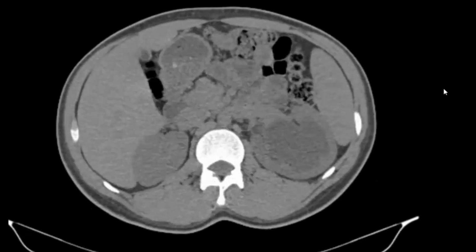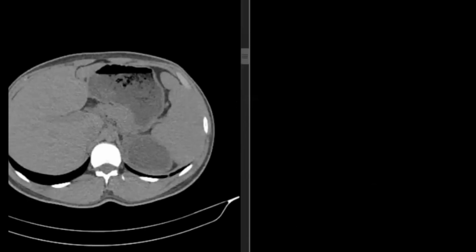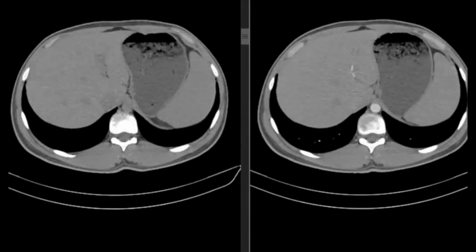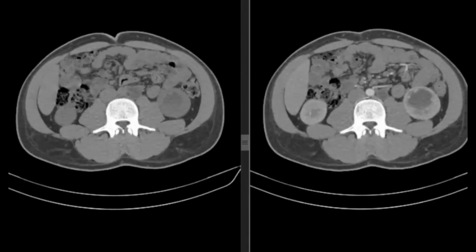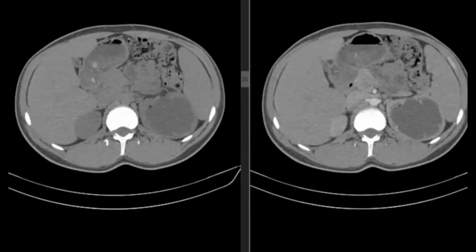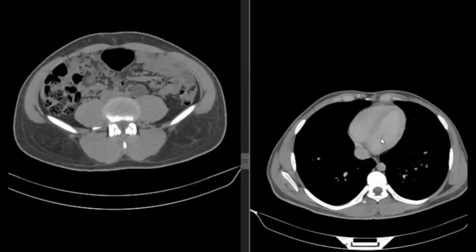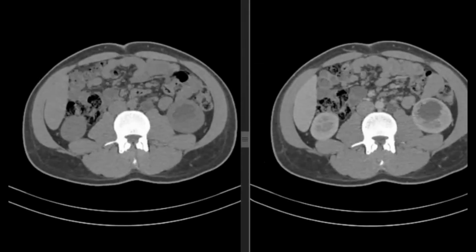The most striking abnormality is bilateral hydronephrosis, more marked at the left side. This is the contrast enhanced nephrographic phase, showing bilateral hydronephrosis and left-sided hydroureter as well.